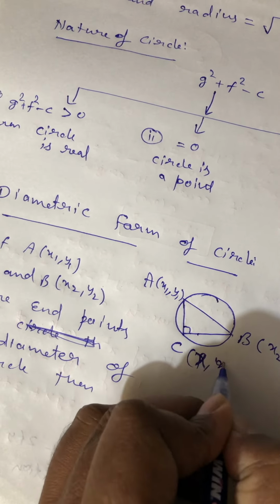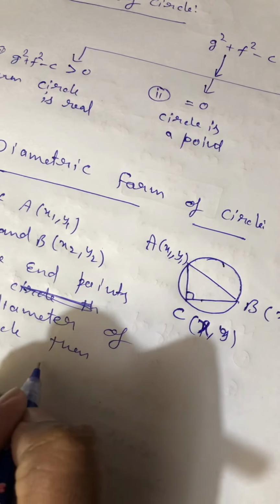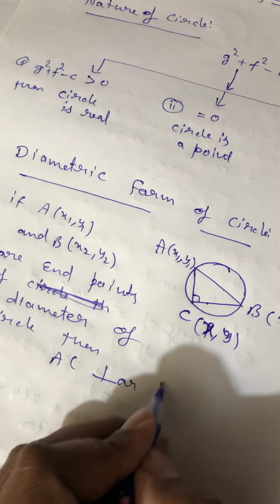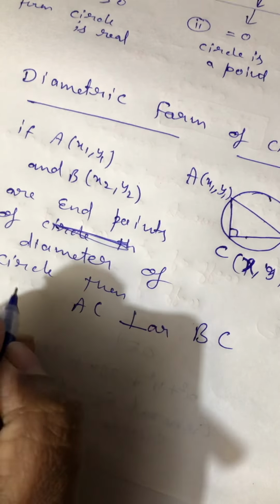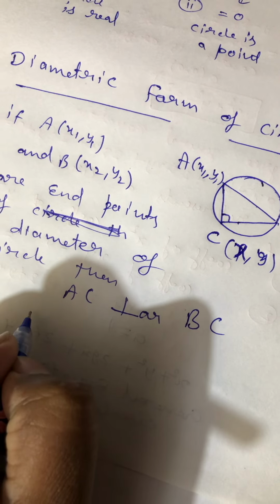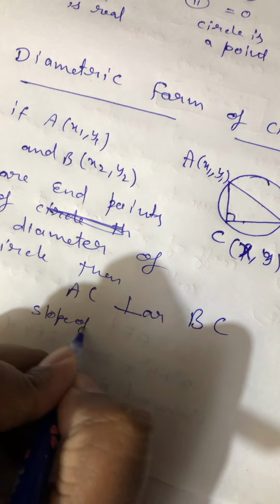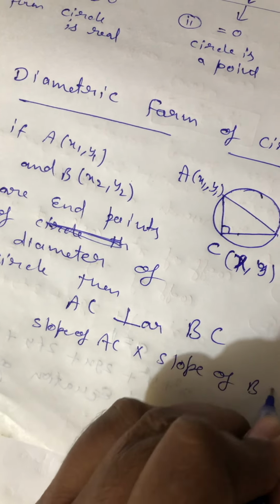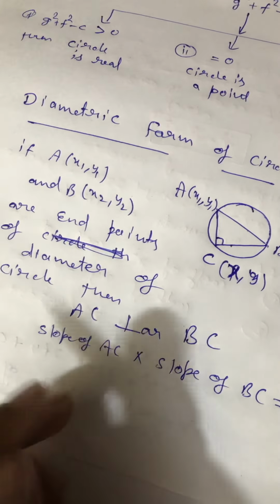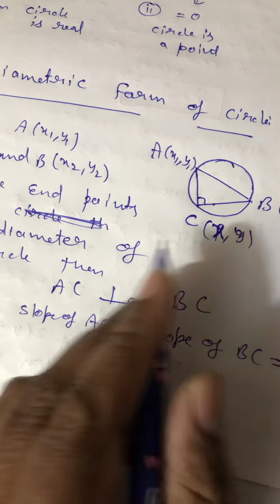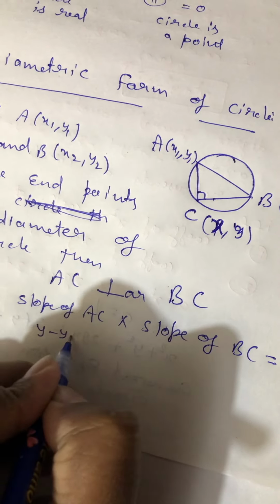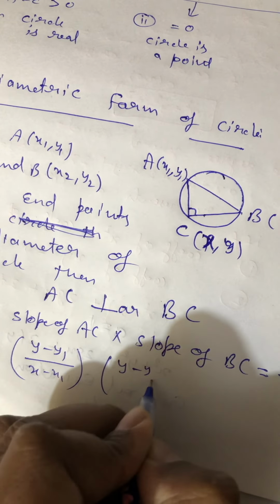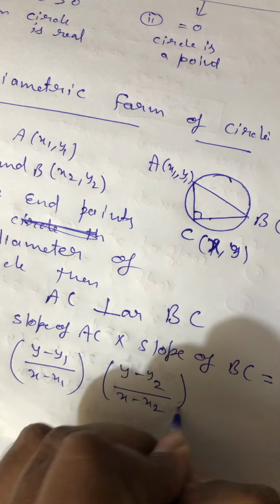For C, whose coordinates suppose are x, y, AC will be perpendicular to BC. So we know that the slope of AC into the slope of BC will be minus 1, and the slopes are (y minus y1) upon (x minus x1) and (y minus y2) upon (x minus x2), so the product is equal to minus 1.